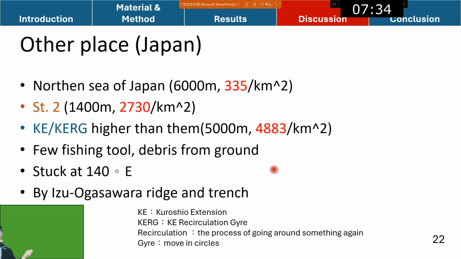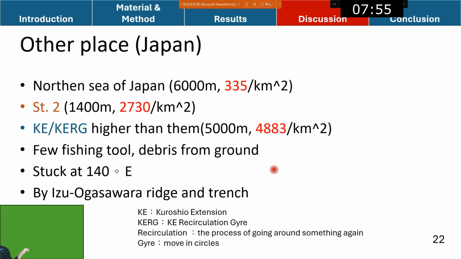And we compare to Japan's other places. In Japan's northern sea, its density is only 335. And at site 2, Sagami Bay, near the city, we see there are 2,730.